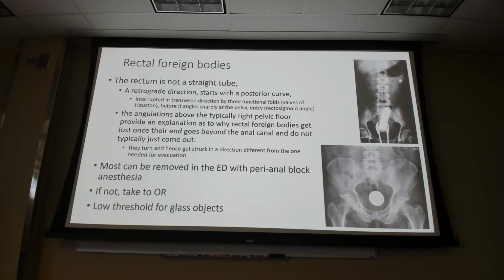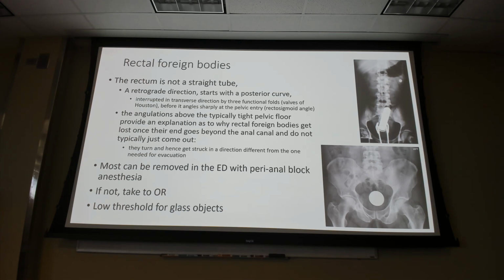Rectal foreign bodies. So this is actually super common, believe it or not. Patients present with this all the time, and it can be from anything. We had a light bulb somebody had introduced in there. The key to this is identifying where the location is. A lot of times we can do a plain film.